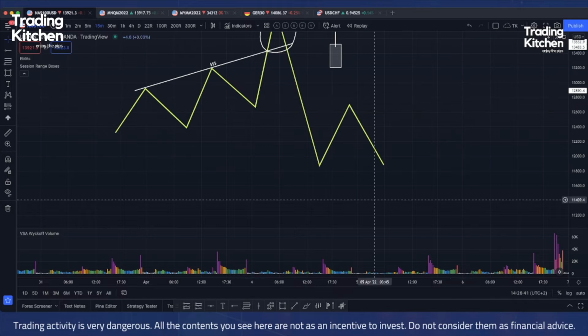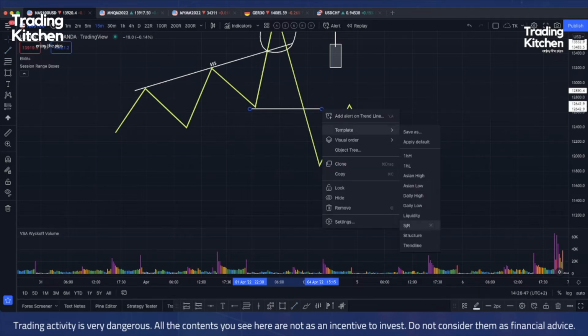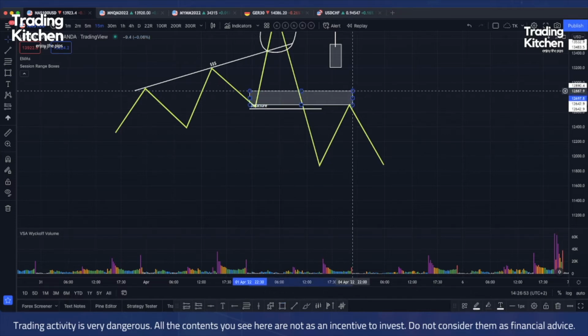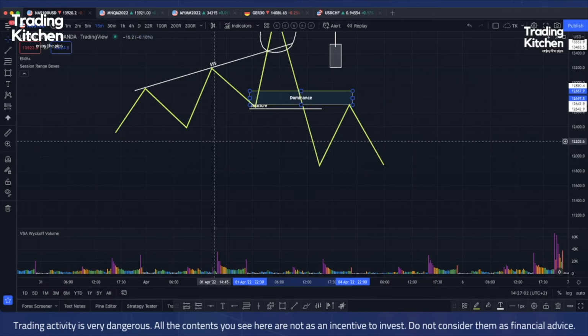which is also the last buyer dominance. So what does it mean? It means that this is the last strong level in which we have a huge concentration of volumes from buyers.